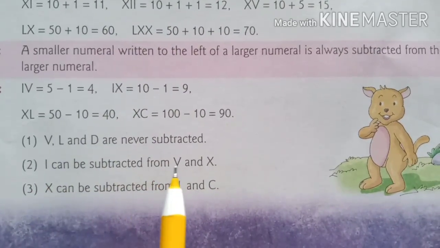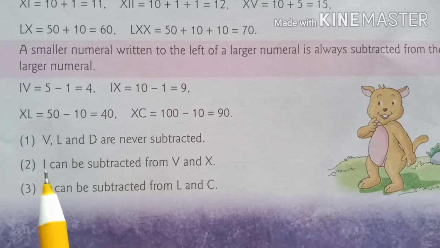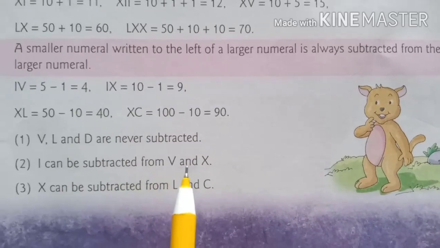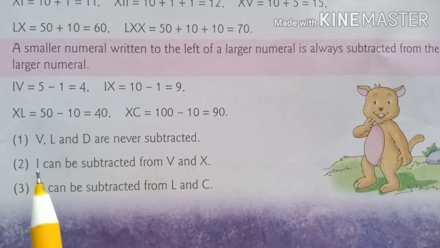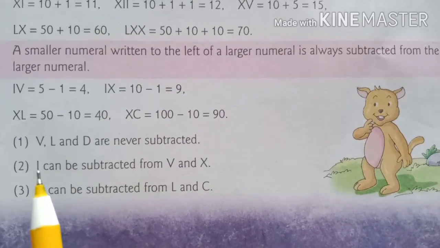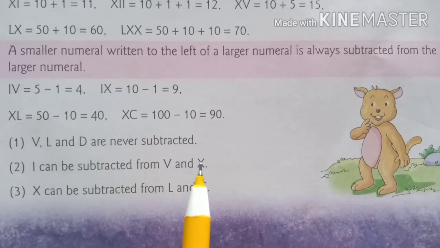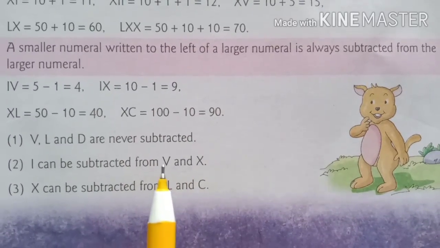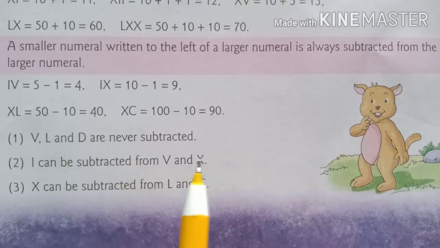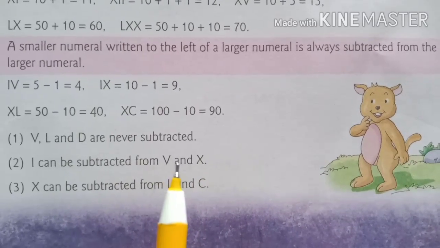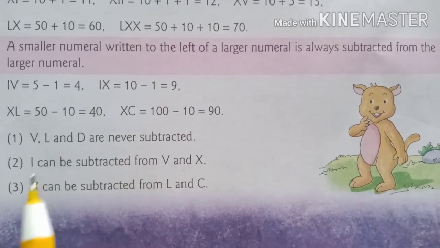I can be subtracted from V and X. I can be subtracted by only V and X. It means I can never be in left of any symbol other than V and X. Okay, only V and X, these two symbols to which having I in its right.